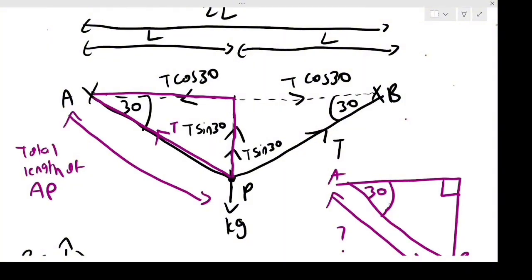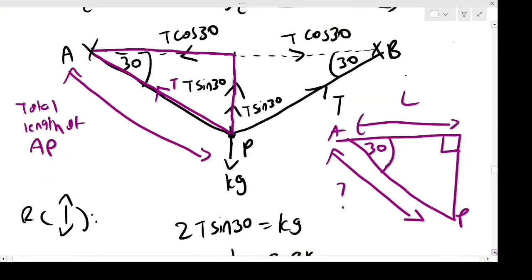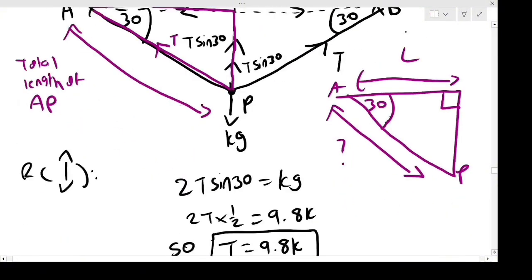But what I also know again is that this length is L. So here is L. So now I'm in a position where I know an angle and a side. So if I use SOHCAHTOA, the side AP here, that is my hypotenuse, because that's facing the right angle. And here, the side L is my adjacent.